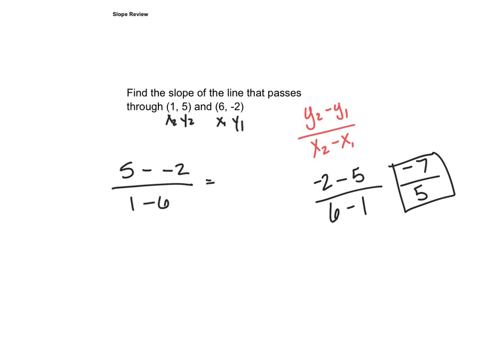That would give me 7 over negative 5, which is the same thing as negative 7 over 5, or I could even put the negative in front. Either one of these answers would be acceptable for the slope of the line that passes through these 2 points.